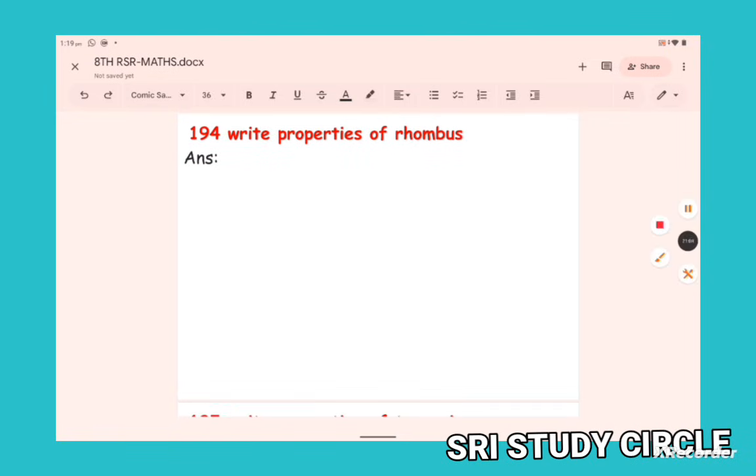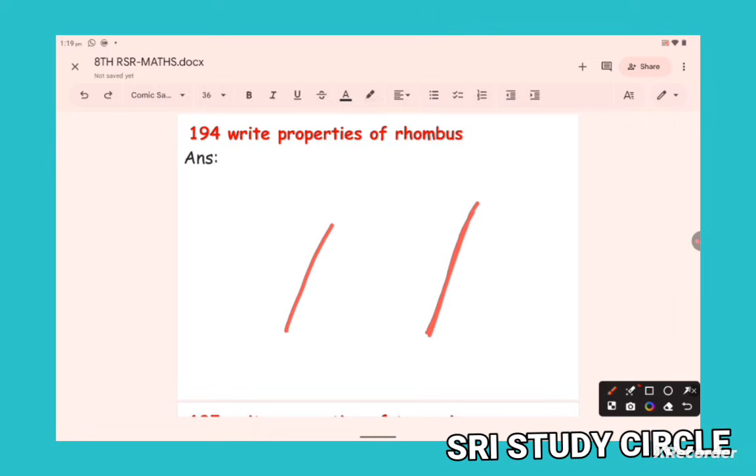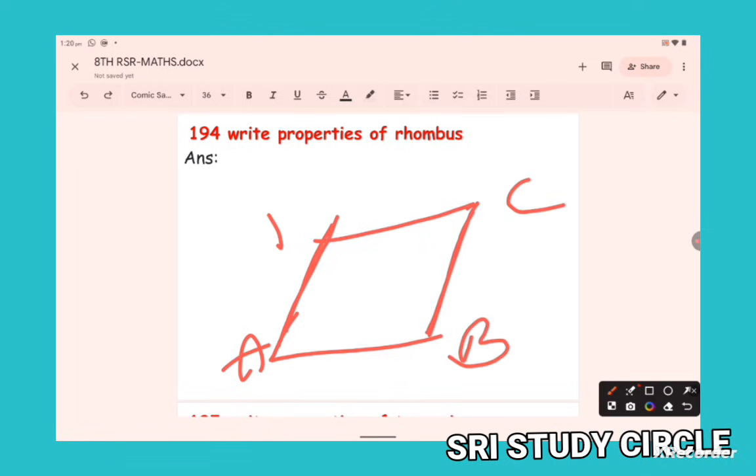Properties of rhombus. ABCD is a rhombus.